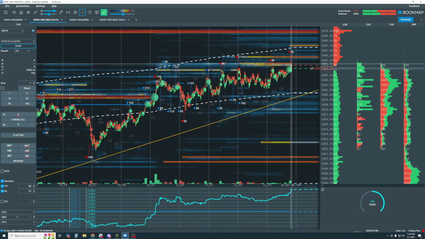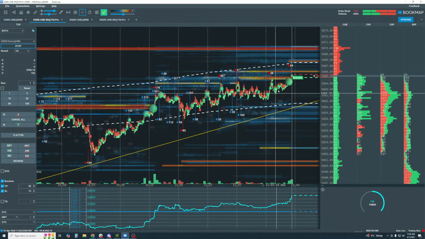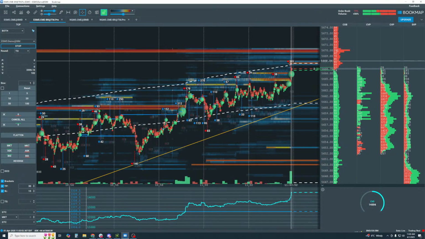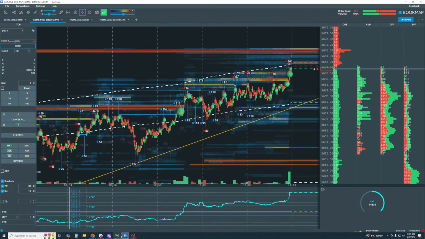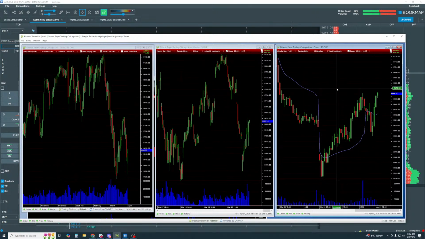Still more buying. And another big stop run, approaching the 70 high here, a swing. 7250 is really what I have here, somewhere around there.